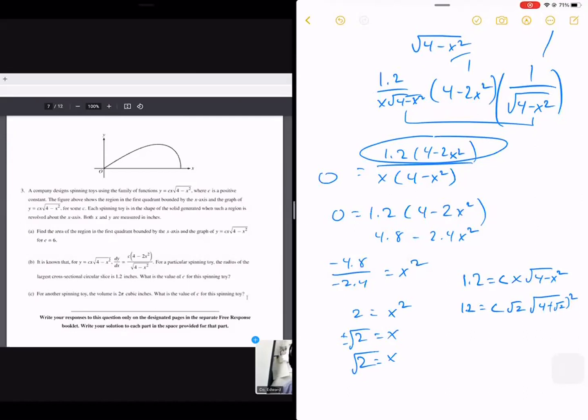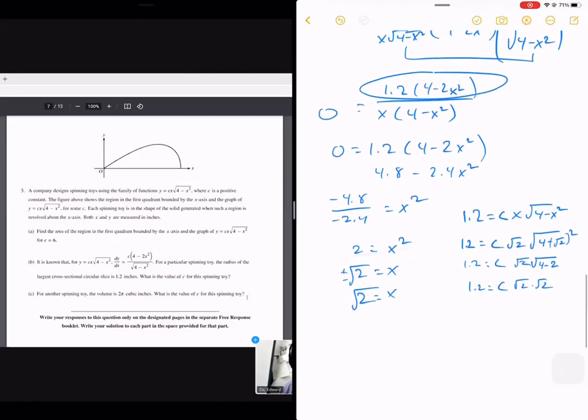Square root of 2 squared would be just 2, right? Yes, it'd be 2. So square root of 4 minus 2 is square root of 2. 1.2 is equal to c square root of 2 times square root of 2, which becomes just 2. So 2c equals 1.2. C is equal to 0.6. And that's the value of c.